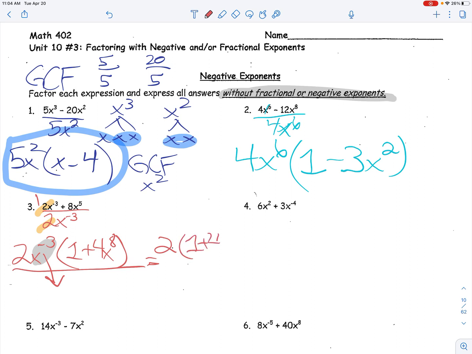So we're going to have 2 parentheses 1 plus 4x to the 8th over x to the power of 3. And that is your answer, people. That is your answer to number 3, without fractional or negative exponents.